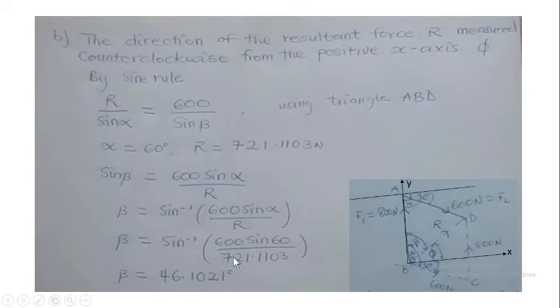Now you slot in your values, beta becomes sine inverse of 600 times sine 60 all over 721.1103. Then when you punch your calculator well, you'll get beta to be equal to 46.1021 degrees. That is the value of this angle beta.